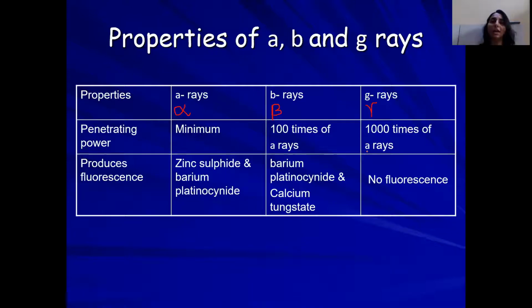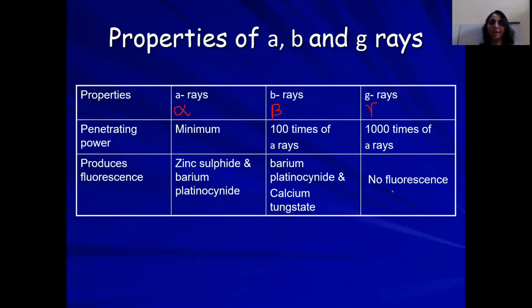Do they produce fluorescence? Yes, alpha rays will produce fluorescence for zinc sulfide and barium platinocyanide. Beta rays will produce fluorescence for barium platinocyanide and calcium tungstate, whereas gamma rays would not produce any fluorescence.